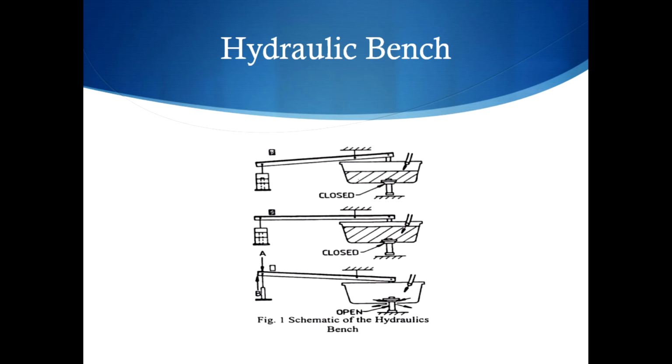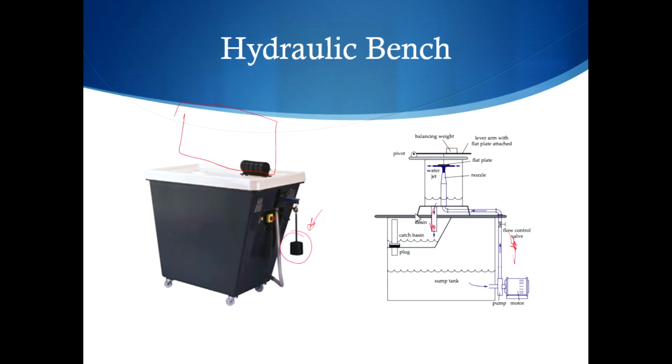The hydraulic bench is supported, as you can see here, by an internal tank in which it will calculate a certain volume to get the flow rate. To explain a little bit better, water is going into the tank of the hydraulic bench, and we have a known weight. This weight and this tank are connected with a lever and a pivot.